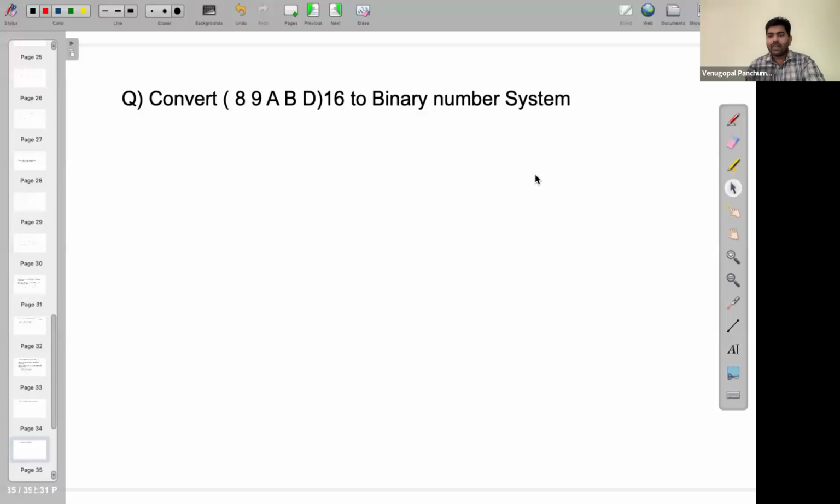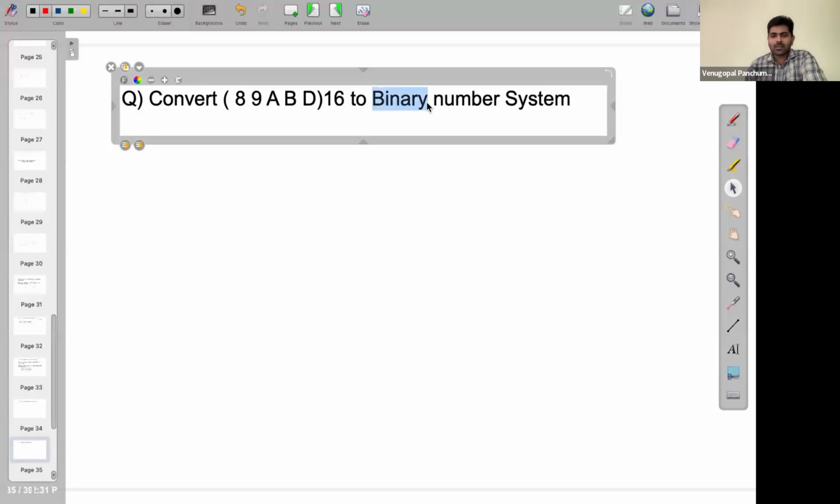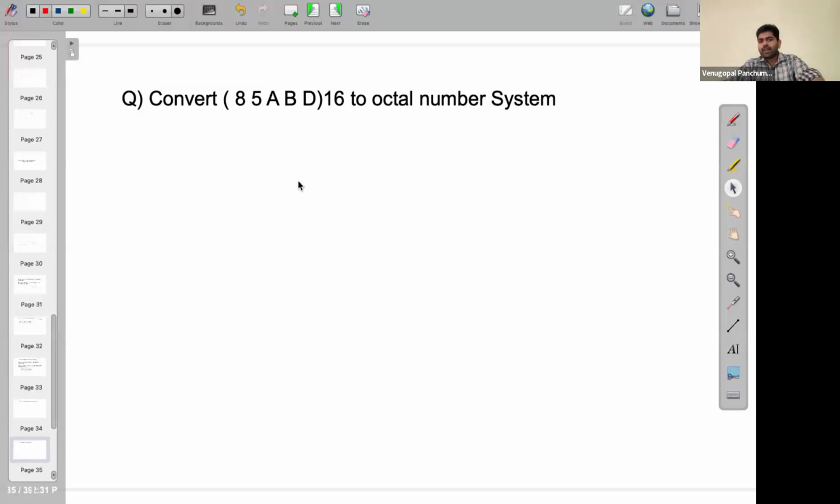Okay, I'll complicate this question a little. Convert this to octal. Now solve this. Convert this into the octal number system. Just one small change here. Instead of 9, you put 5.